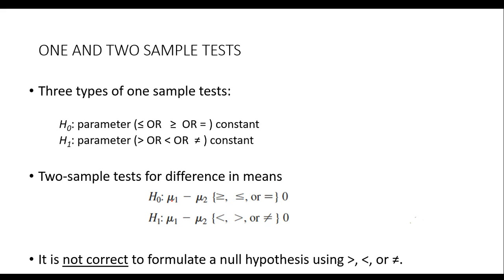So say the difference of the mean IQ level between these two samples is more than or equal to, less than or equal to, or equal to, similar to here, 0. And the alternative hypothesis is the difference of mean IQ level between these two samples less than 0, if the null is more than or equal to; more than 0, if the null is less than or equal to; and not equal to 0, if the null is equal to.